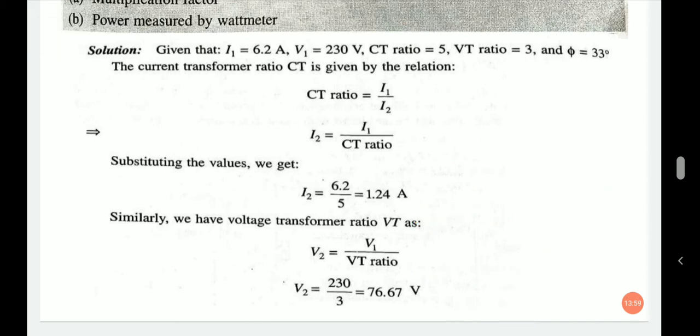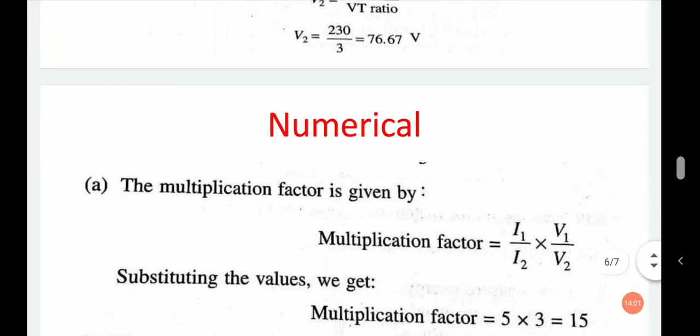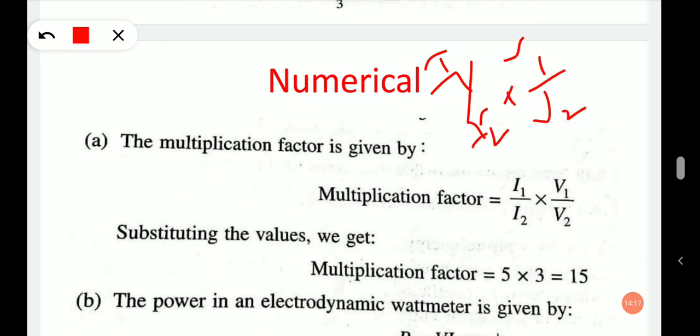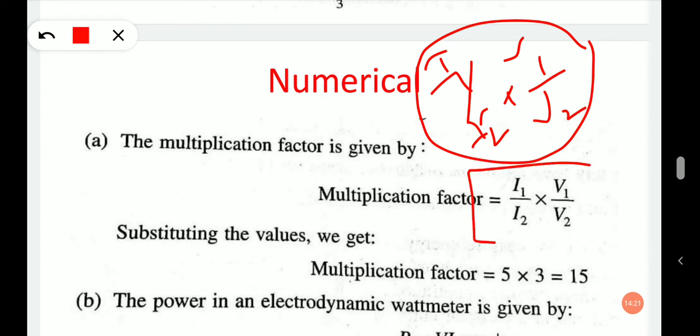Okay, then next, multiplying factor or multiplication factor. So to calculate this one, we have the formula, that is I1 by I2 into V1 by V2. So we have to substitute the values in this expression. Multiplication factor equals to I1 by I2 into V1 by V2.